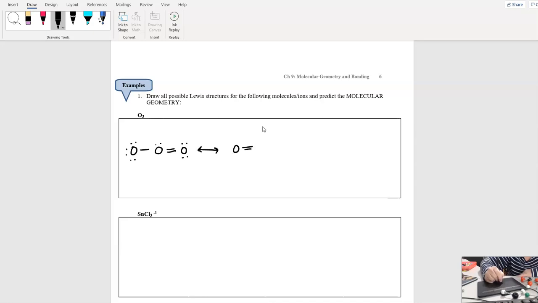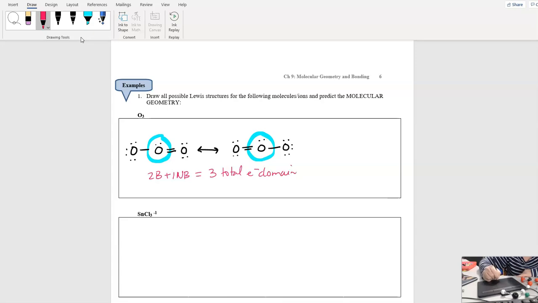Regardless, it is still going to have the same shape names because you didn't move any bonds or lone pairs around that change the central atom. If you focus on that central atom, it's the same. I have 2 bonding regions plus 1 non-bonding region, which means I have 3 total electron domain regions.